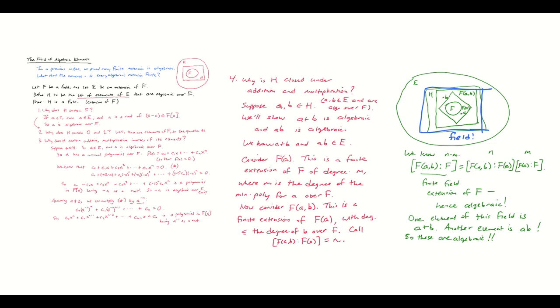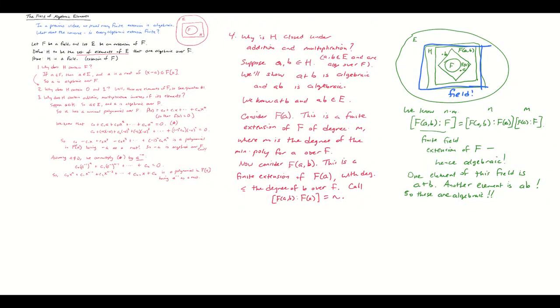So one more thing I wanted to get into this video. I know this is a little bit long already, but one more point, and that's about the question I asked at the beginning of the video. The question was, is every algebraic extension of a field finite?